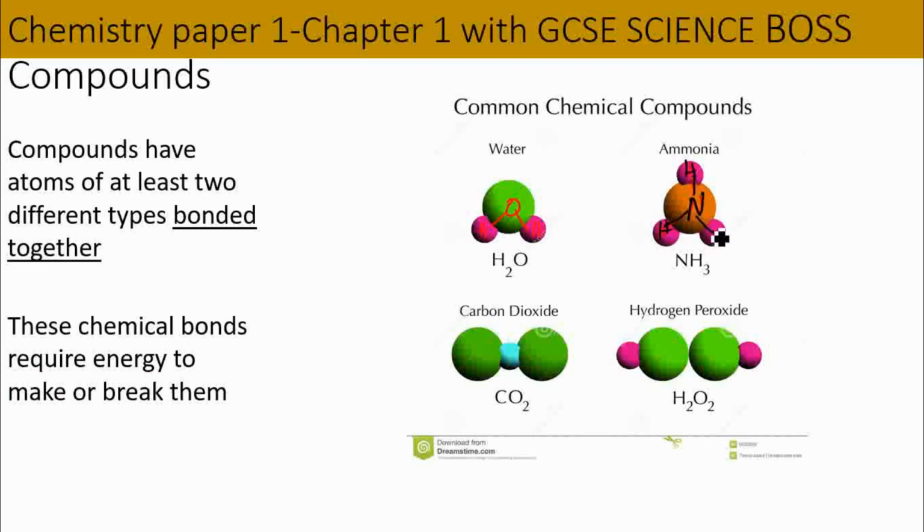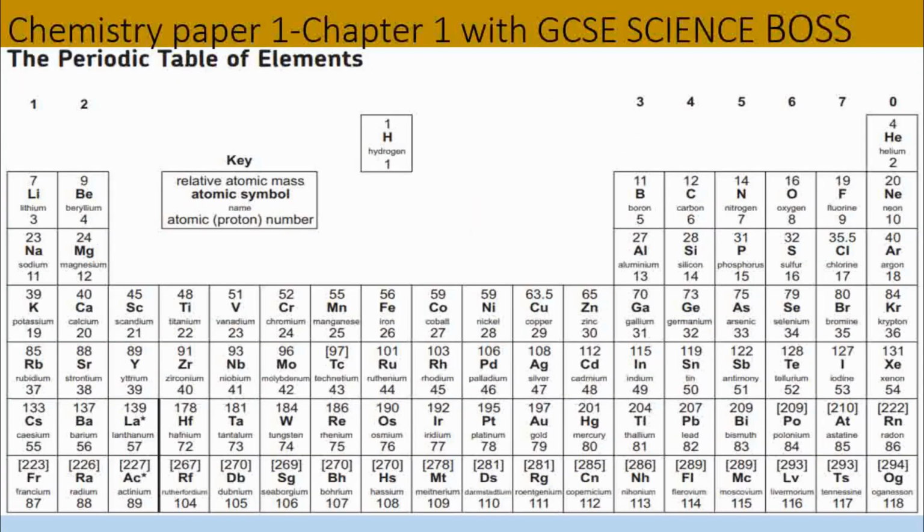So these are compounds because they are elements which have been chemically bonded or chemically joined. Okay, so right here you would have a carbon double bonded to oxygen. Don't worry if you don't know why it is a double bond just yet. All right, you can check those in my other videos. All right, now energy is needed to break those bonds. Okay, so just some key points for you to remember.